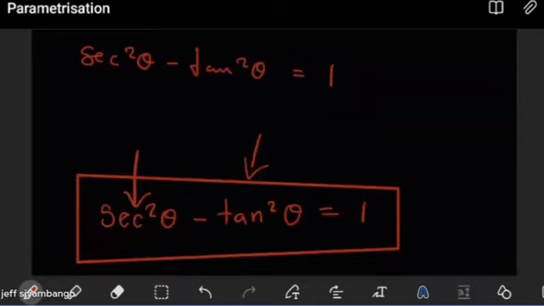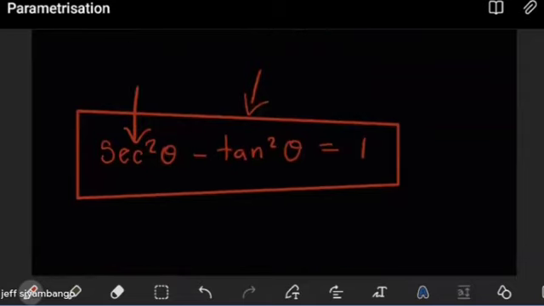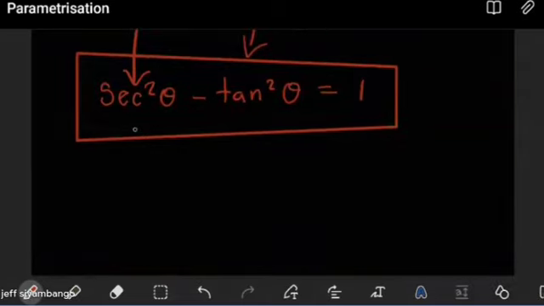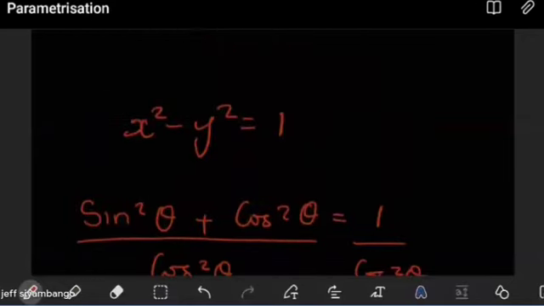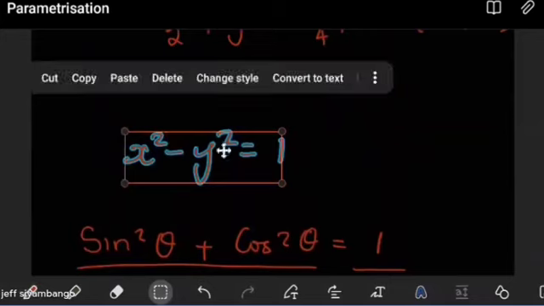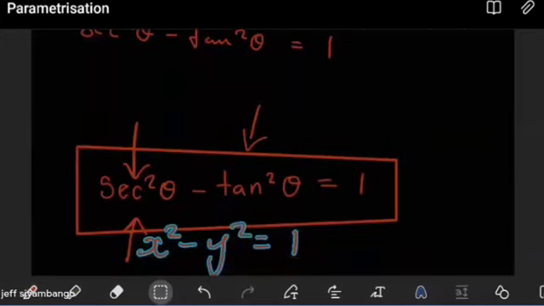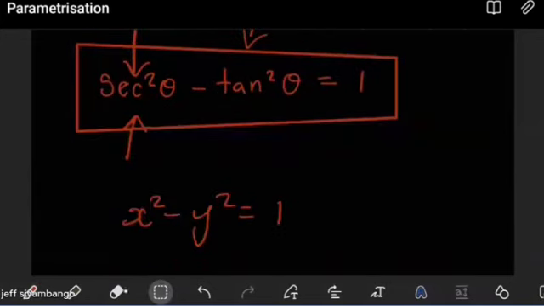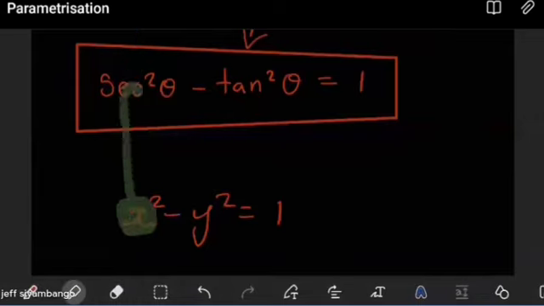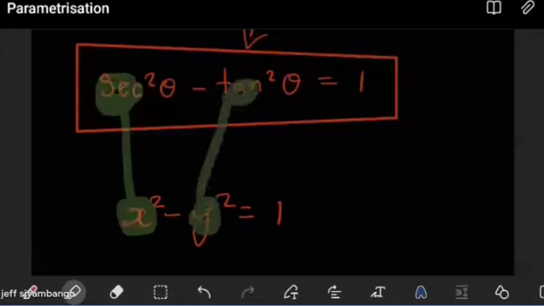Now that we have found the identity that we want, let me get our equation. This is our hyperbola. So to make our hyperbola fit what we've been given, what do we need? We just need to define the x to be equal to the sec and the y to be equal to the tan.